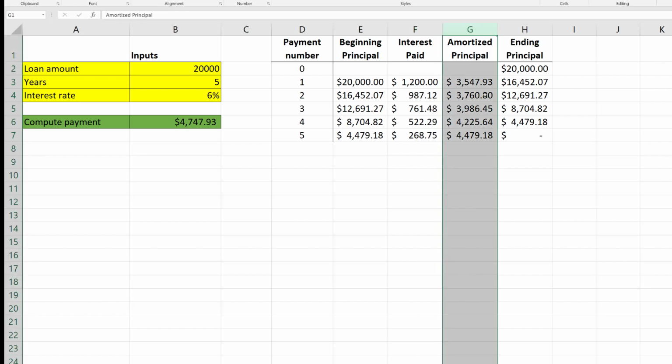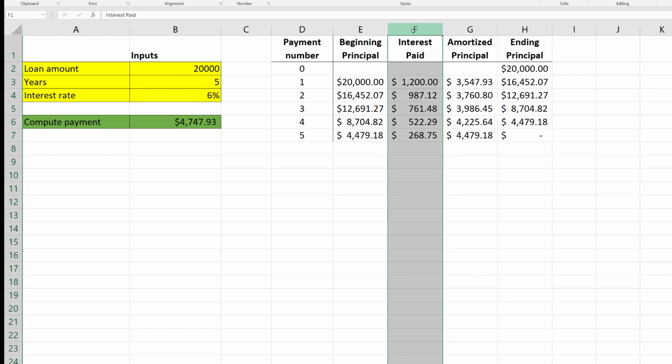And finally, in this column here, we see that the principal component of the payment increases. This is a natural consequence of the fact that the interest component decreases and the payment amount remains fixed. All right, there you have it, a simple amortization schedule.